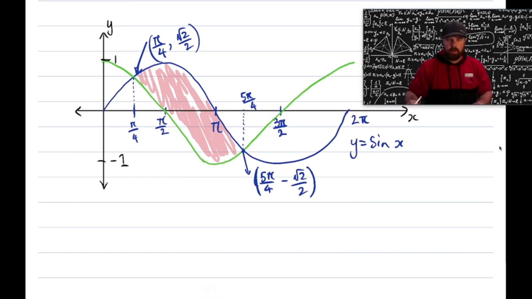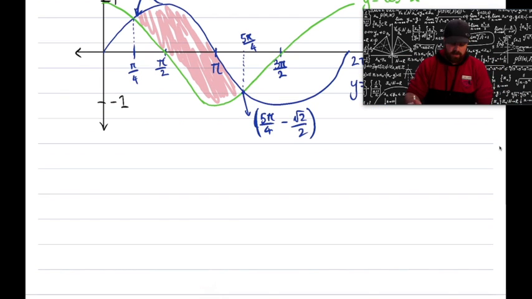Right, those are our points of intersection. And between those 2 points, we ask ourselves, is one curve always above another curve? And here we can see sine is always above cosine. So because sine is always above cosine, it's sine minus cosine is how we're going to evaluate the area.